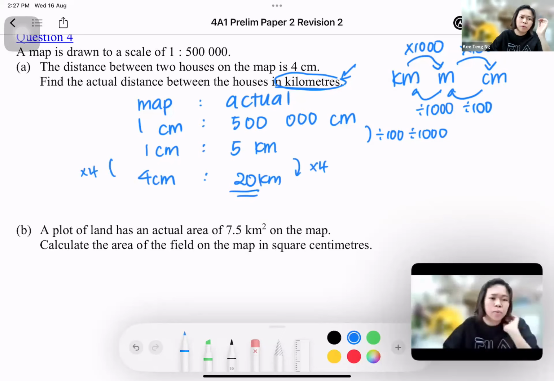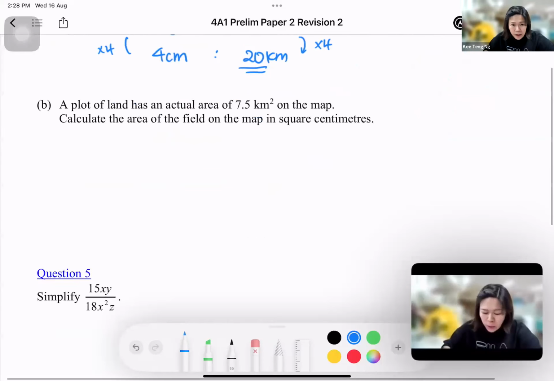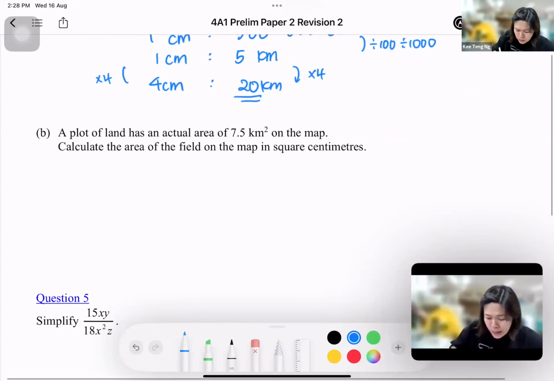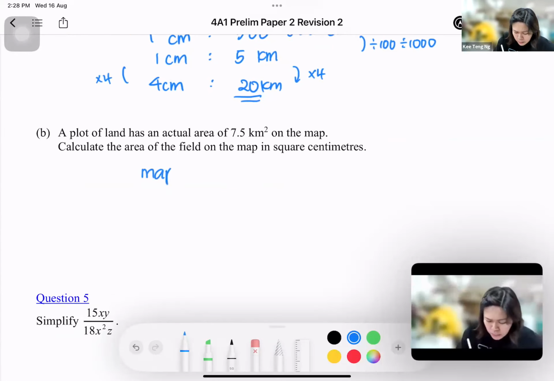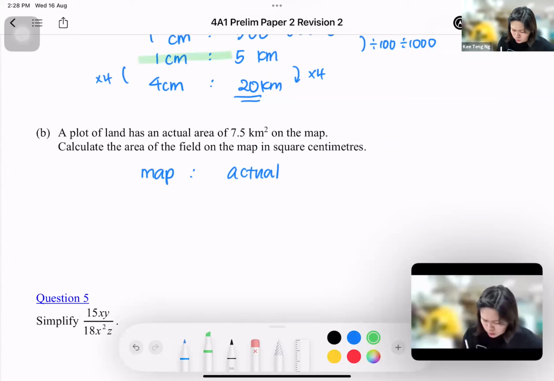Okay. Any problem with this question? Okay, then I continue the next part. Now we're going to find the land area. Map to actual. So now we are going to use what we have already converted. The one over here, 1 cm is to 5 kilometers.